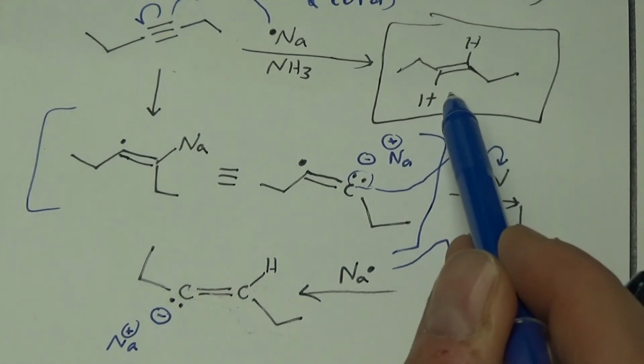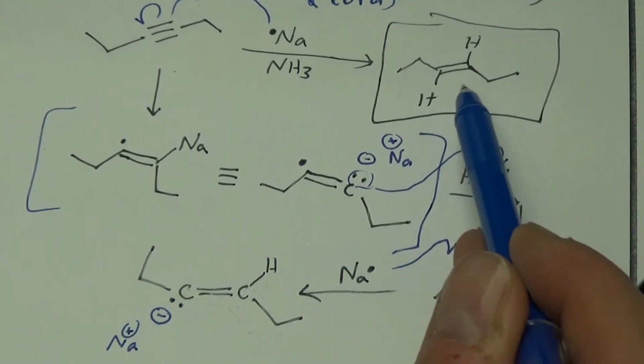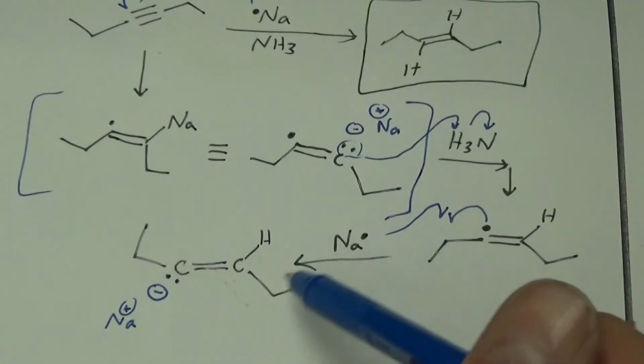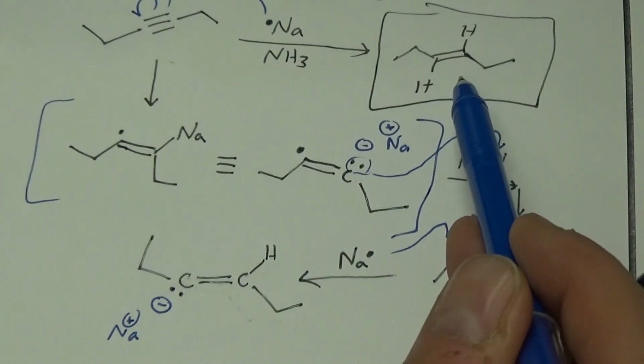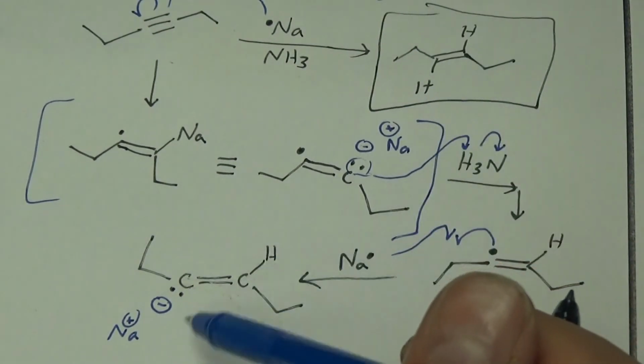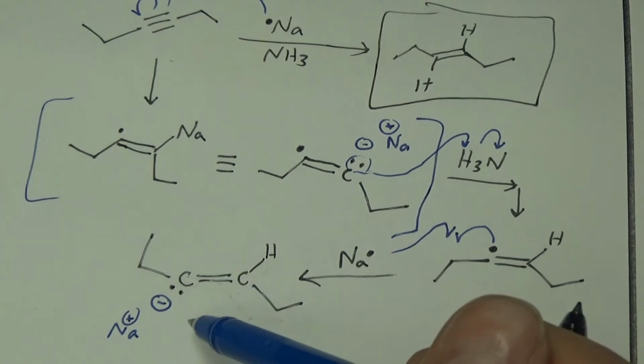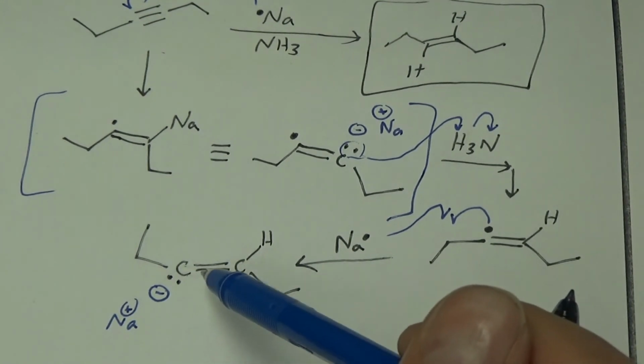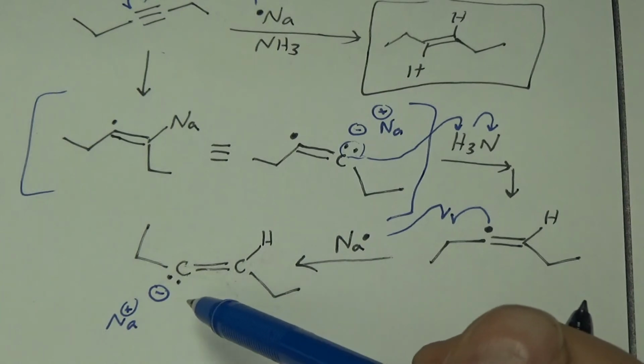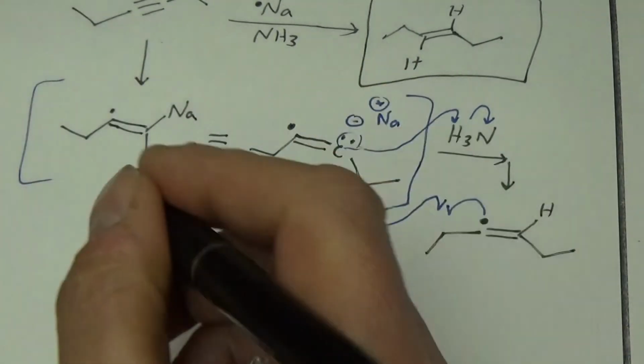We know trans is actually stable. This is the most stable alkene you could draw. That is the reason why the trans is favored, because of the non-locked behavior of the intermediates. All right, so we have this now, and what do you think is going to happen now?